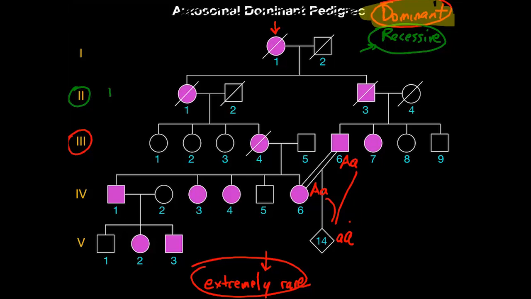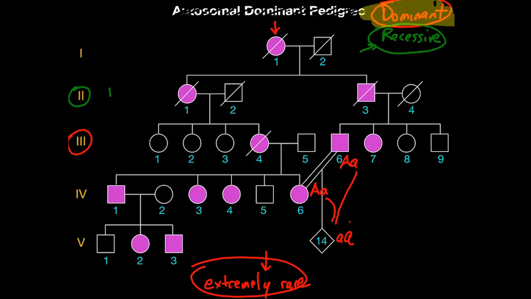Here's an unaffected offspring. It is possible if two individuals expressing a trait caused by a dominant allele marry, and they are both carriers, there's a 1/4 or 25% chance that their offspring, in fact, will not inherit the big A allele.